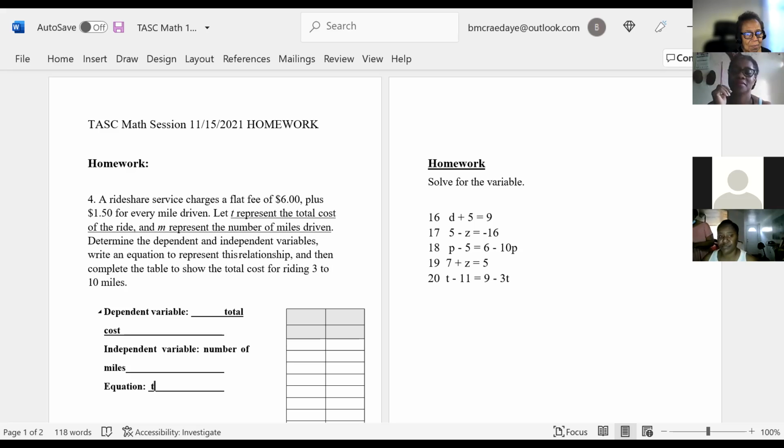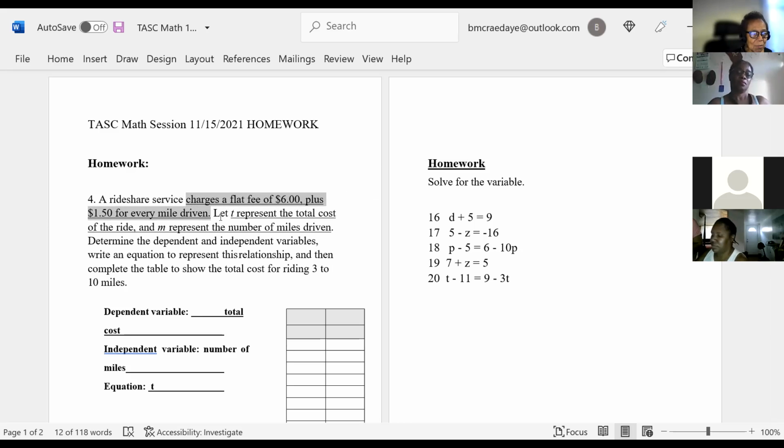Michelle. No, it says right here: it charges a flat fee of $6 plus $1.50 for every mile driven. So this is where you get your total. So how would you translate that, Vanessa, in this equation?